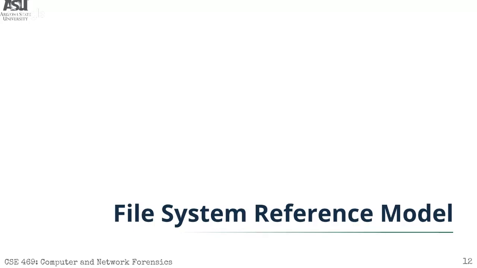So the operating system, or more accurately, the file system, which is a part of the operating system, keeps track of the metadata and stores it in a different location than the actual file itself. And we'll talk more about that today if we get to that part of the lecture.